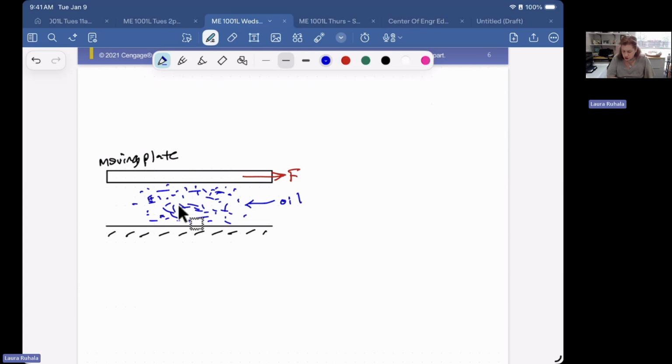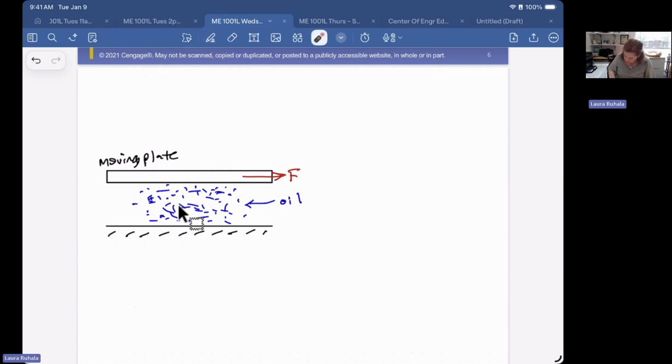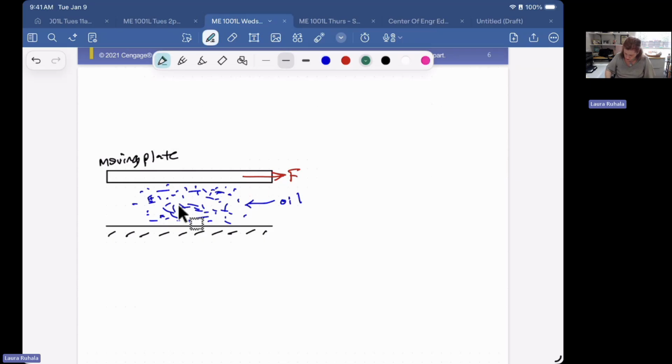The no-slip condition means that if you were to pull the plate to the right with this force, the oil that's along the plate will move, but the oil that's not along the plate will not. And so here's the velocity profile of the oil. It looked like this.